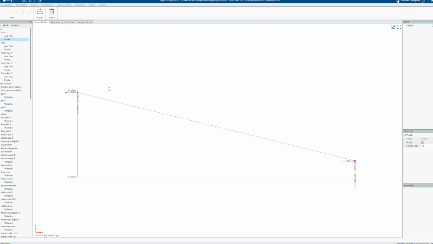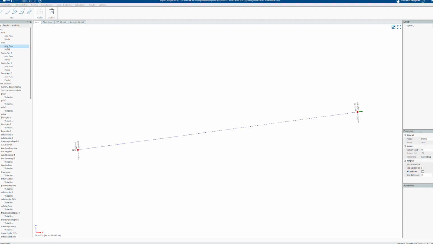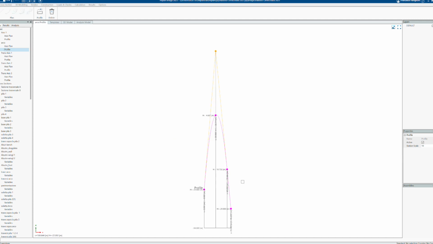Now, under the menu, we can see the axis plan and the arch's profile. Defining these elements was not that simple, since we had to process the 3D scan survey we conducted.